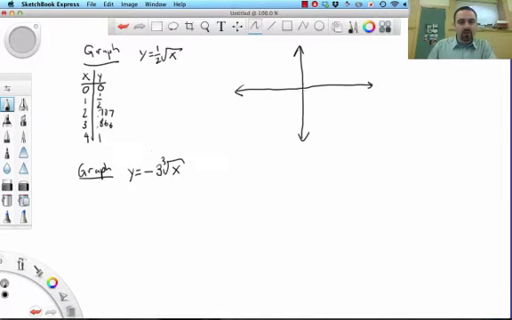So we look at our graph, and we'll go 1, 2, 3, 4 across, and 1, 2 up. We have 0, and then when we get to 1, we get a half, and then at 2, 3, and 4 we get 0.7, 0.8, and 1. Now this is pretty hard to do.